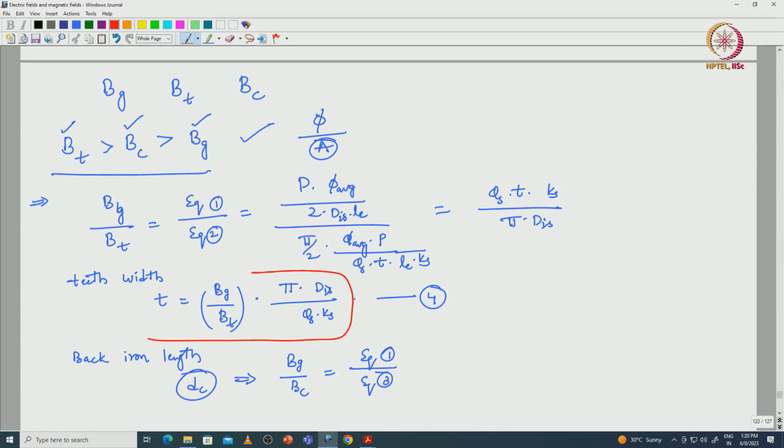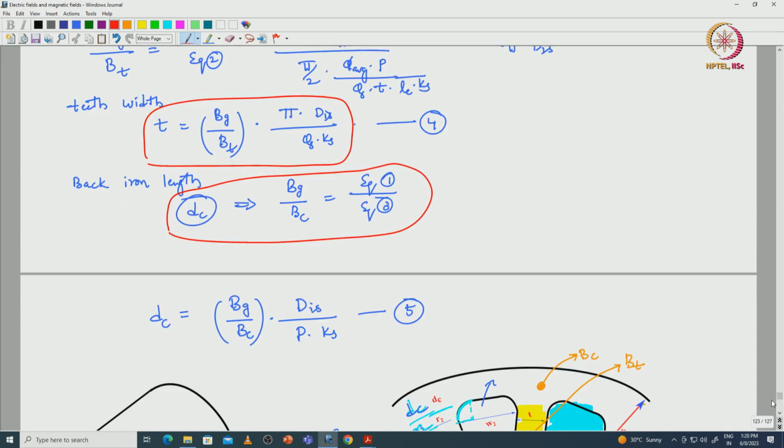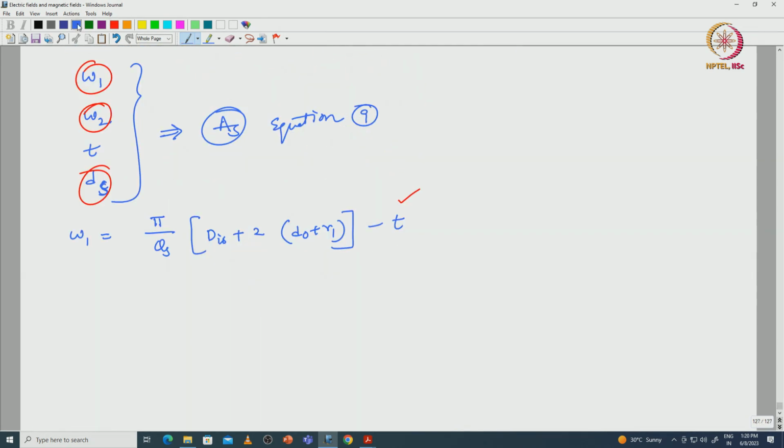Here we can see the T value and DC value also, okay. Back iron value also, that is equation 5. So, from equation 4 and 5 we can substitute the DC value and final W1 is nothing but pi by Qs into dis plus 2 into d naught plus r1 minus T is nothing but dis into pi divided by Qs into Ks, steel stacking factor, Bg by Bt. This is the T value.